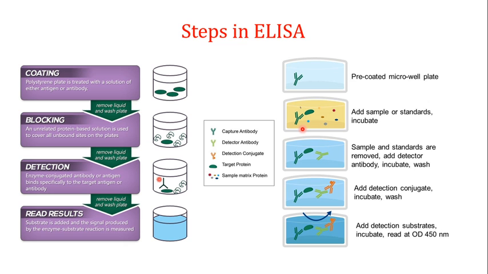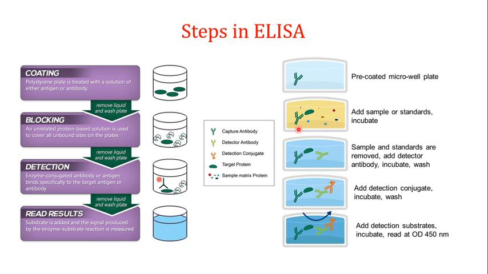Now, one thing to keep in mind is that the well of the microtiter plate can interact with other proteins, especially the enzyme conjugate or the detection antibody. So when you add your sample, what you do next is wash the well.